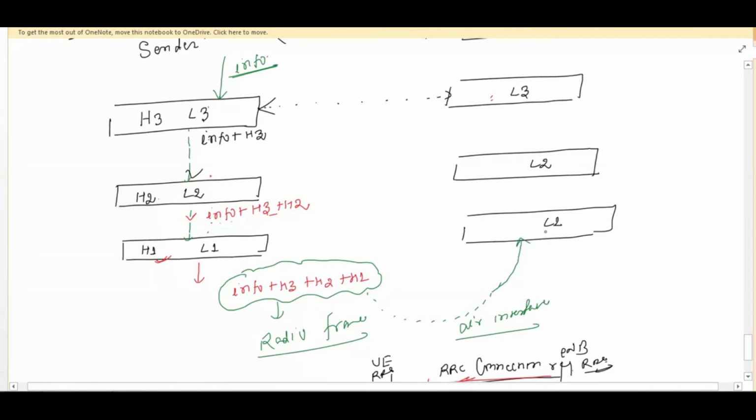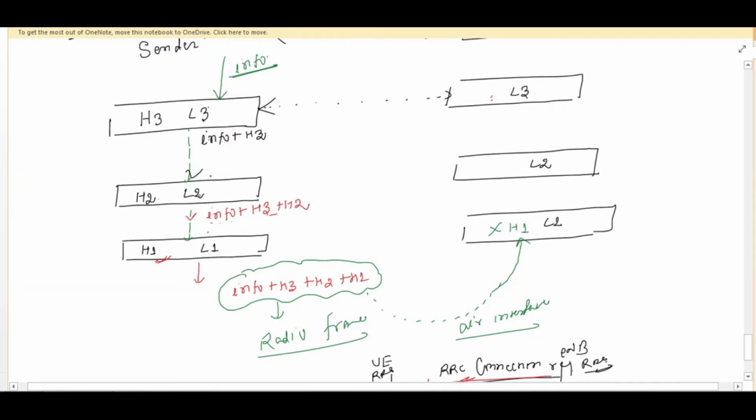Now when layer 1 receives this information, you can understand the meaning of protocol. Sender layer 1 adds H1. Out of all this information, receiver-side L1 will understand only H1, because to understand H2, the receiver needs the L2 protocol.